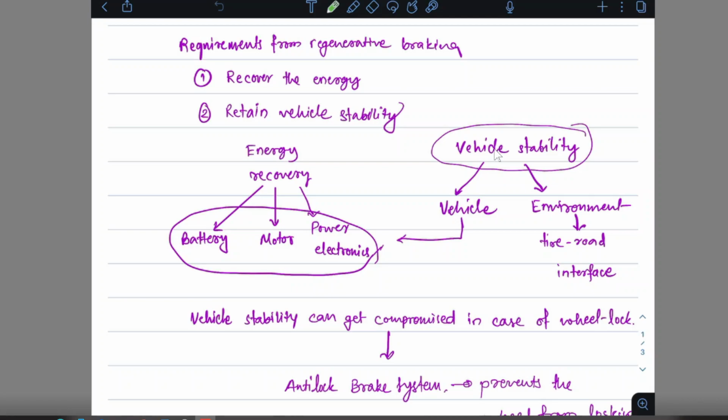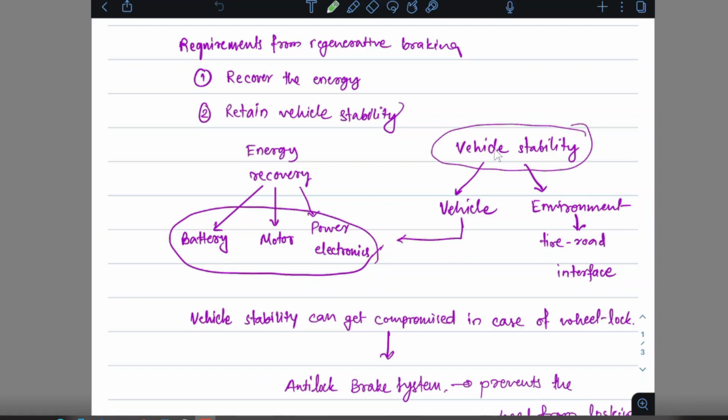Then we categorized the components where in the energy recovery aspects, we wanted to look at the battery, the motor, and the power electronics. And in the vehicle safety, we wanted to look at the vehicle, of course, which consists of these entities, and the environment like tire road interface, and the vehicle would also include brakes.